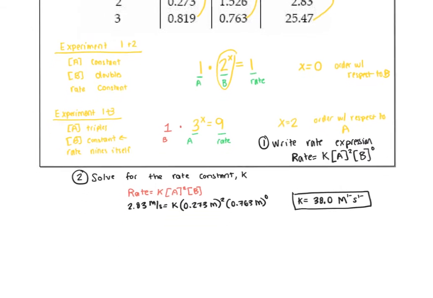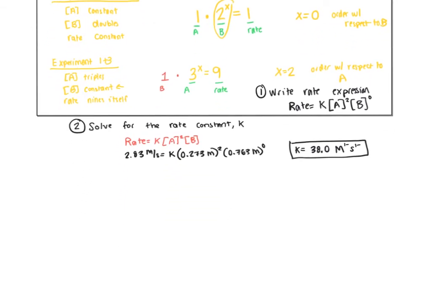So little k, this rate constant, is going to have a unit. And remember, I just plugged in this equation: rate equals k times A squared times B to the 0. And so here's what I really did.